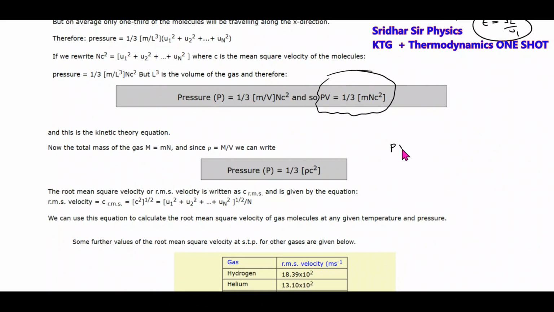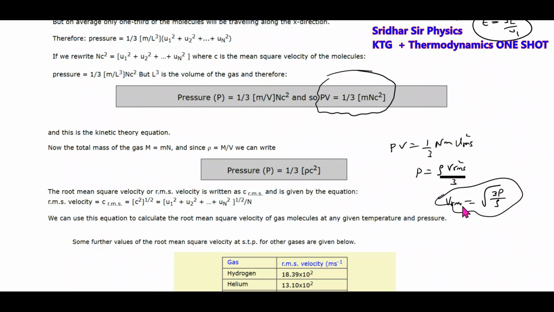In books, we have an equation like this: P equals 1 by 3 rho V rms square, or the RMS speed equals root of 3P by rho. So this is called the root mean square speed, or root mean square velocity of the gas, where P is the pressure of the gas.